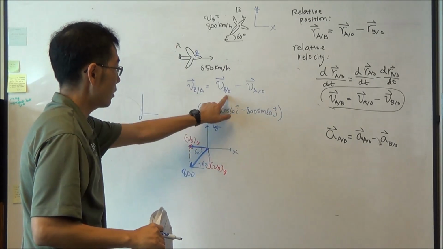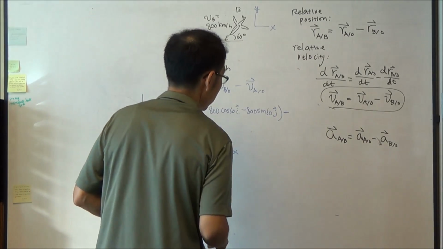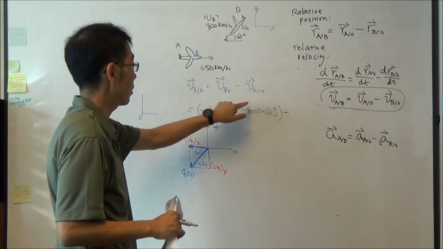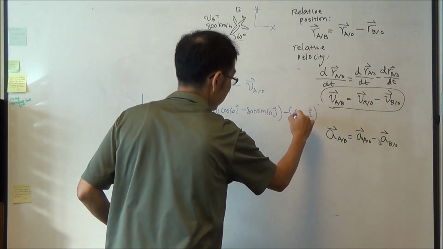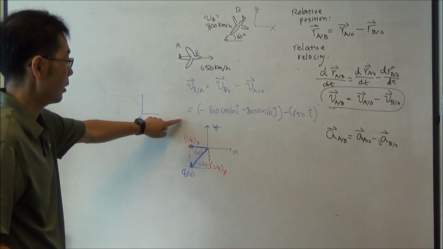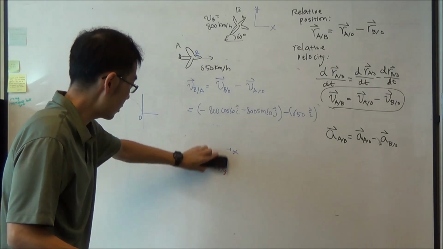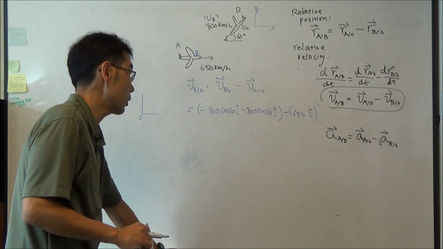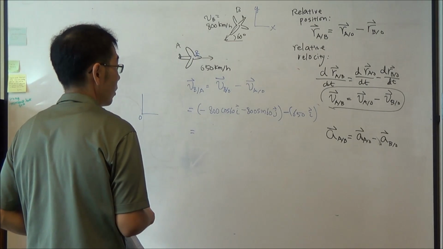Actually, this is v_B/O, okay? And I need to subtract v_A, which is simply 650 i. So we can just simply solve these vector equations. So this is equal to what?